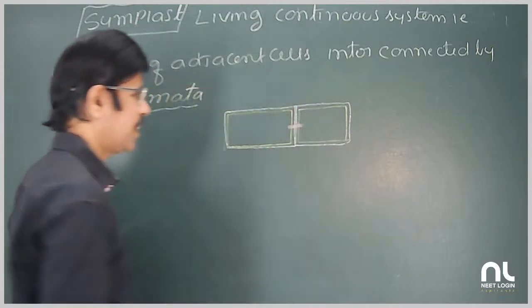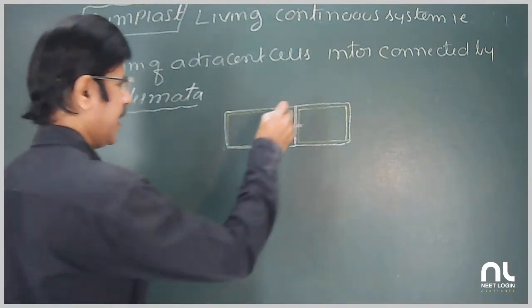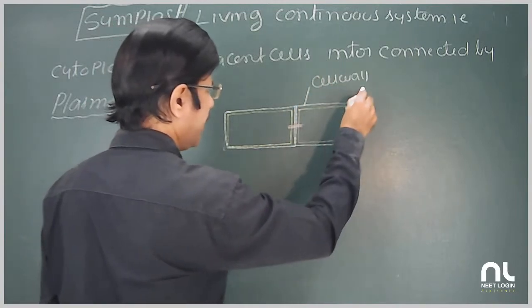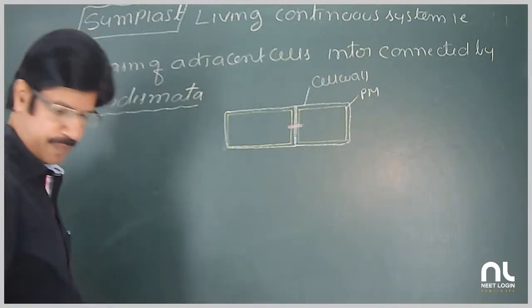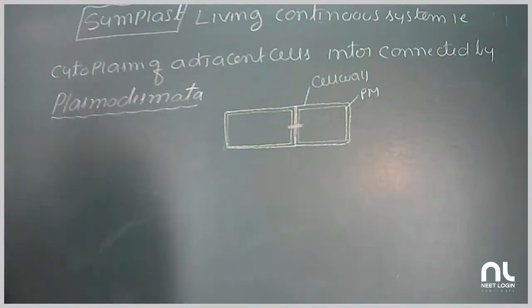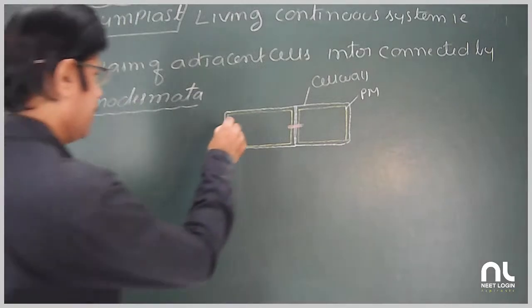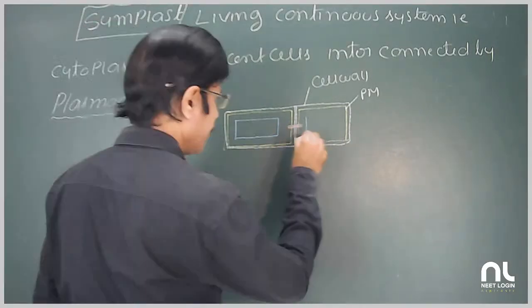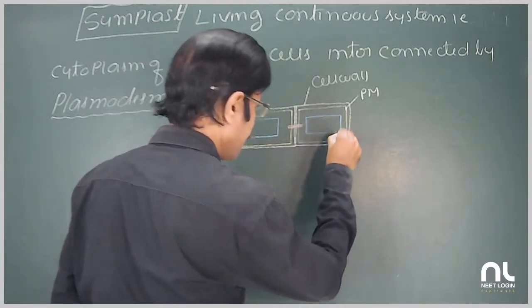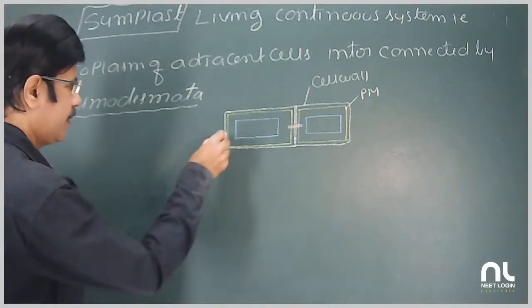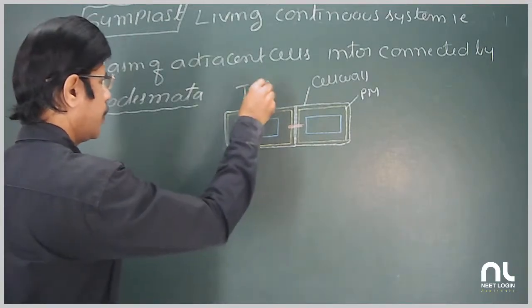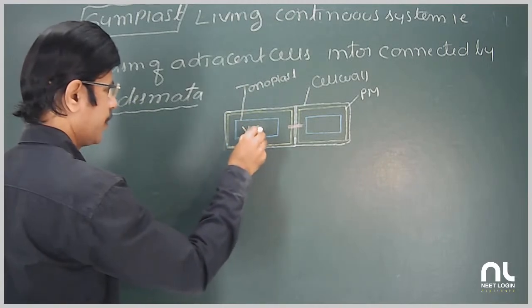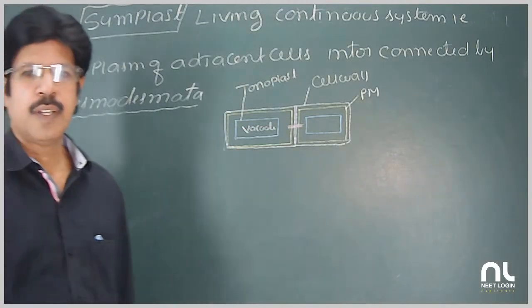It is plasmodesmata. Okay. It is the cell wall. It is the plasma membrane. Okay. It is the tonoplast. It is the vacuole. Okay.